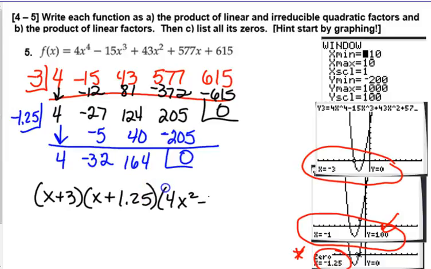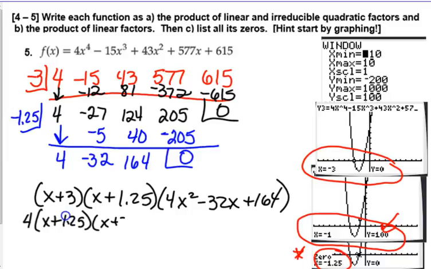4x squared minus 32x plus 164. What do you notice there? Can we take out a 4? I'm going to rearrange this order over here. Okay, I get x squared minus 8x plus 41.